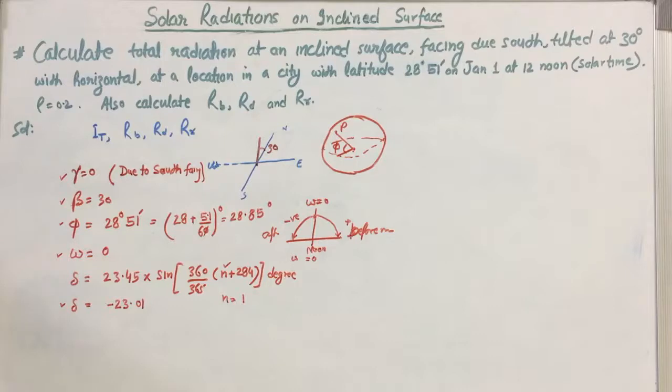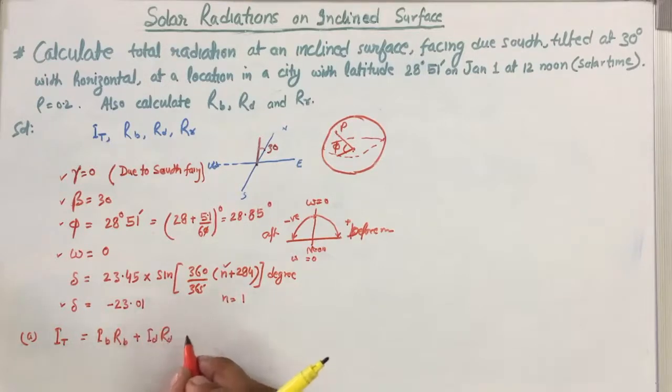So what do we have to find? We have to calculate, the first thing is IT. To find IT, as we can remember, it was the beam radiation and the conversion factor for beam radiation, plus diffused radiation and conversion factor for diffused radiation, and reflected radiation with its conversion factor, that was the sum of ID and IB.